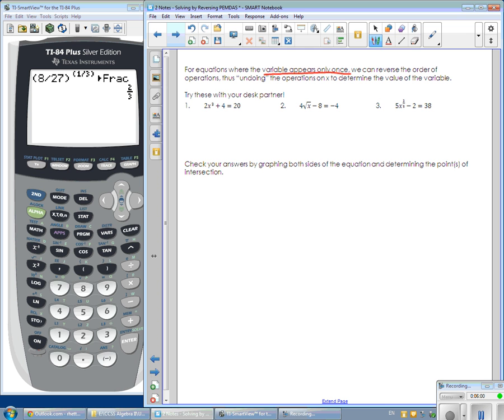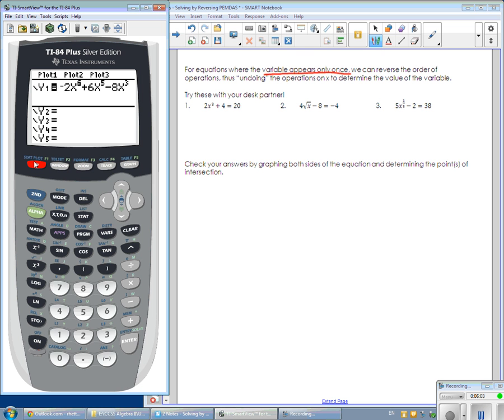So for example, in number 1, to check your answer, and I do want you to do it algebraically first, we would type in 2x squared plus 4, and then on the other side we have the 20. And so what we want to do is graph. So if I do this on a Zoom 6, let's start with a standard window.